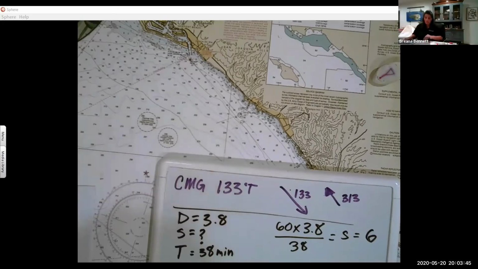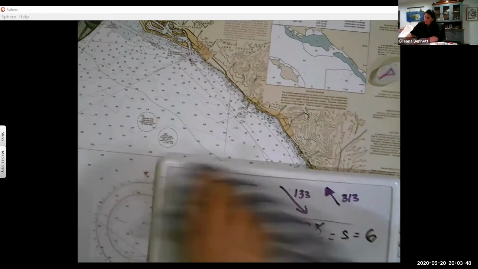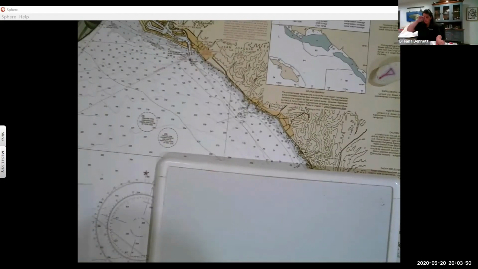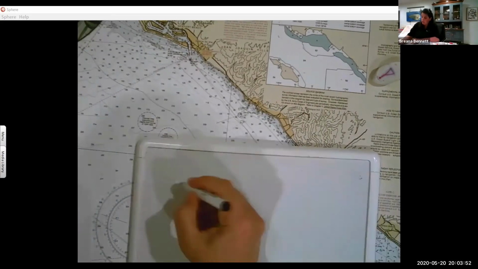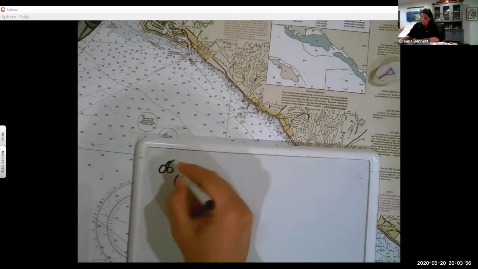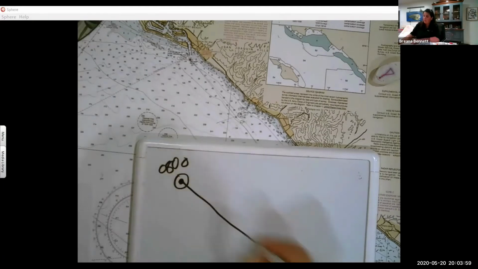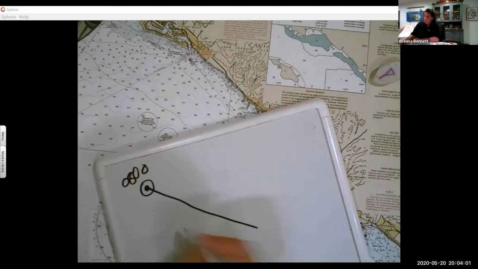Yes. So this is where we were at 0800, and we have what we think we're doing. So this is what the boat is assuming.